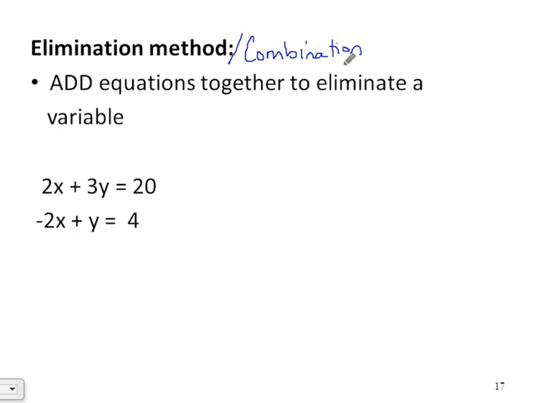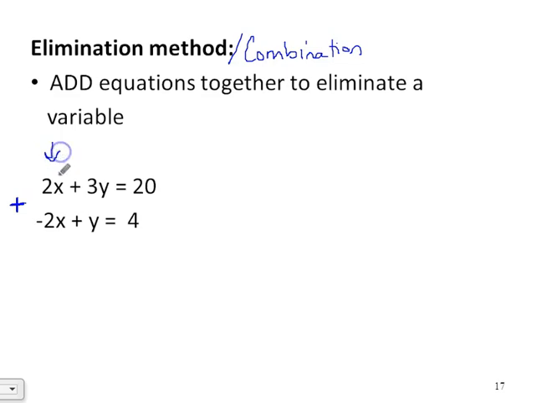Remember, we can't solve an equation that has two different variables. Looking at this top equation, 2x plus 3y equals 20, it's impossible to solve because we've got two different variables. We can only solve an equation when we have one variable. So we use the combination method, adding our two equations together so that we eliminate one of our variables.